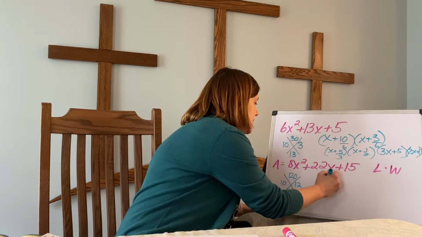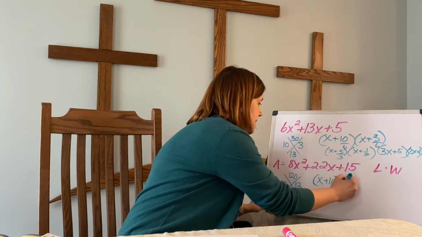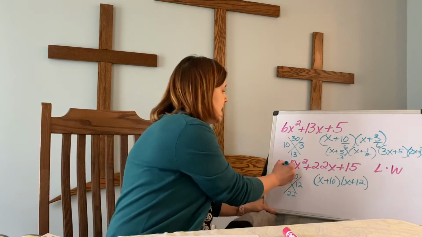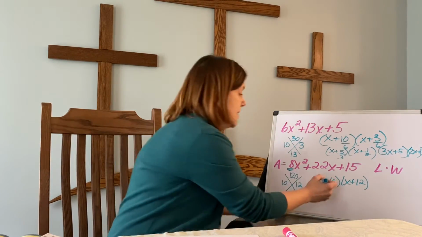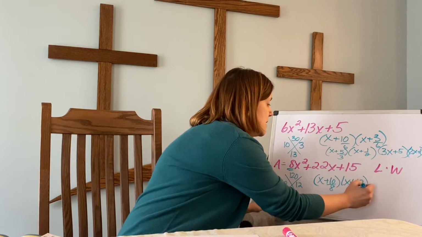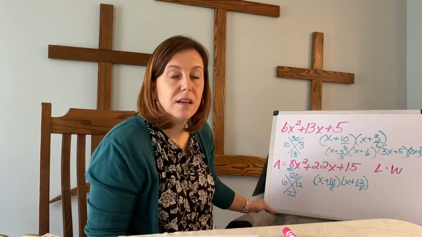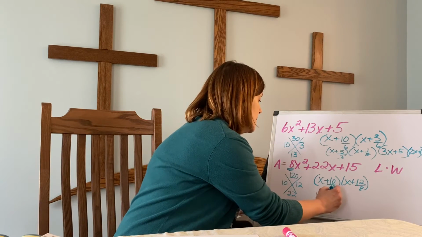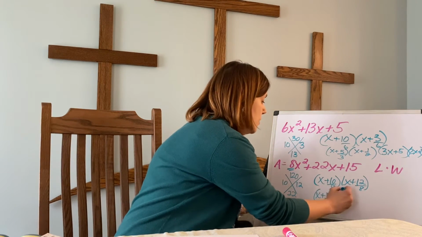So I'm going to go ahead, use my sides to write my binomials. Then I divide by my A. Divided by 8, divided by 8. I need to reduce those as far as they will go.